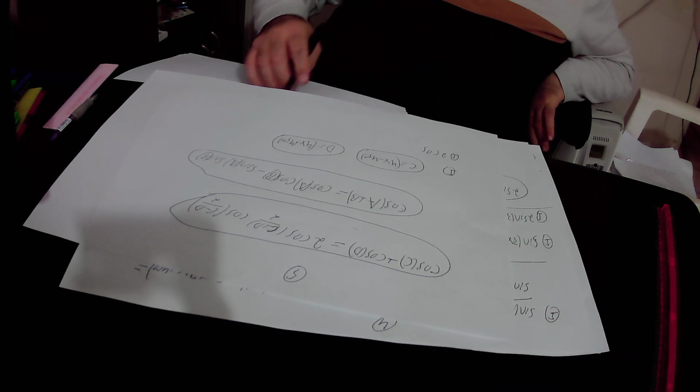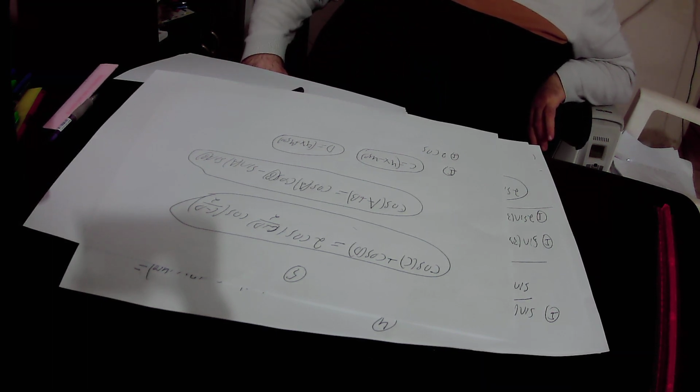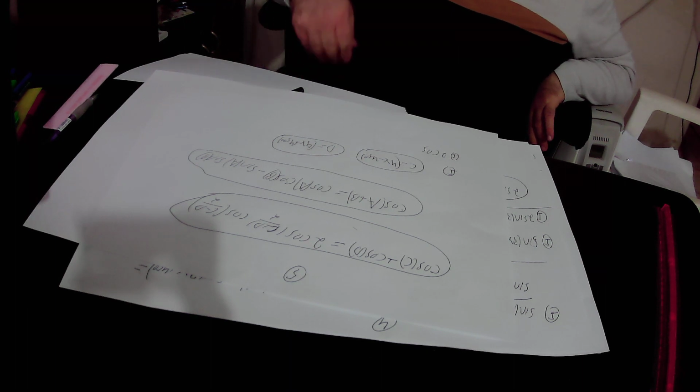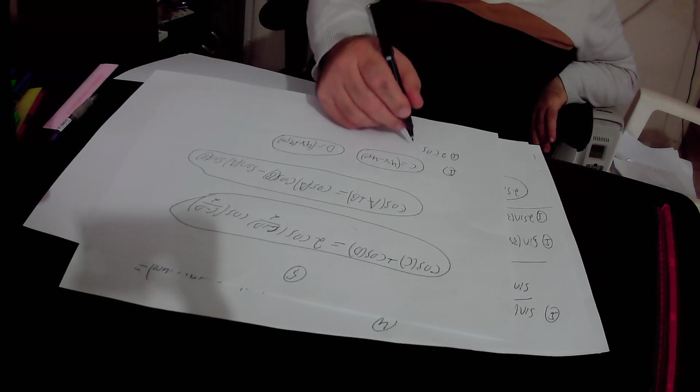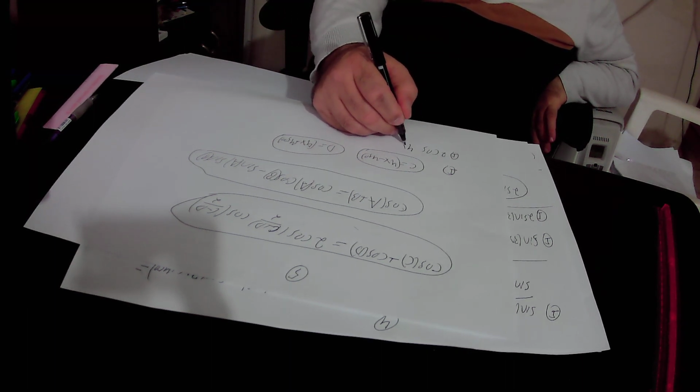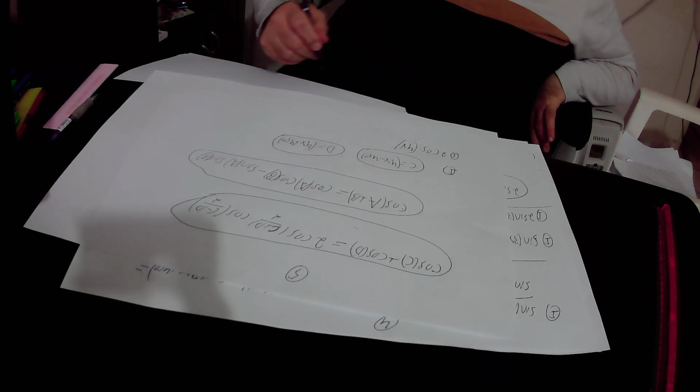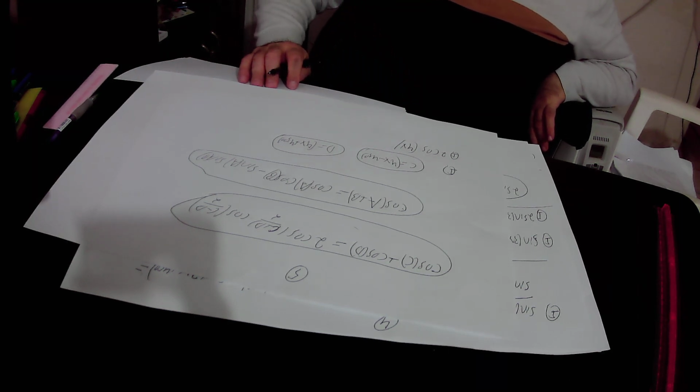C is 4x minus 45 degrees and D is 4x plus 45 degrees. So C plus D is 4x plus 4x, which is 8x, and 8x over 2 is 4x. And minus 45 degrees plus 45 degrees is 0.